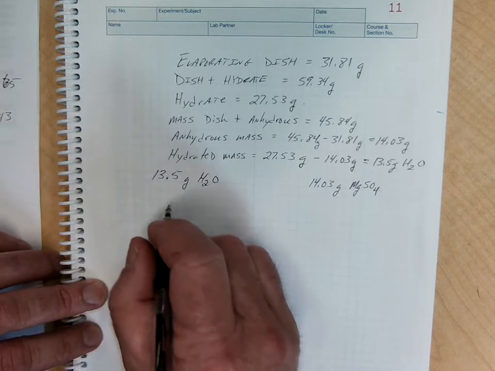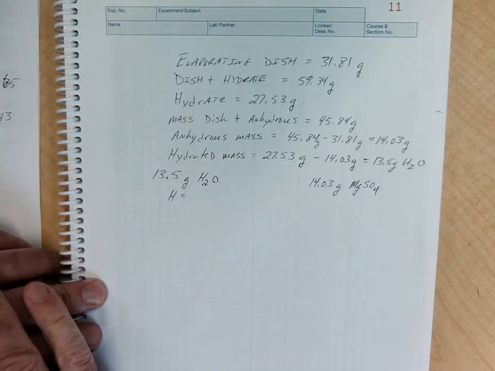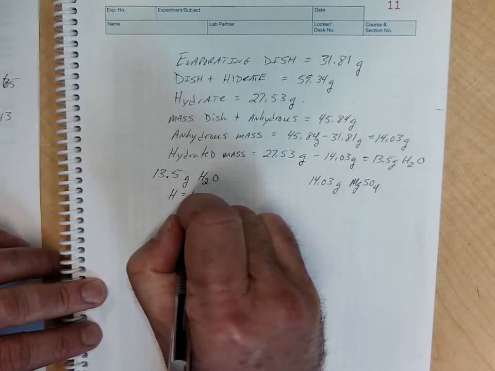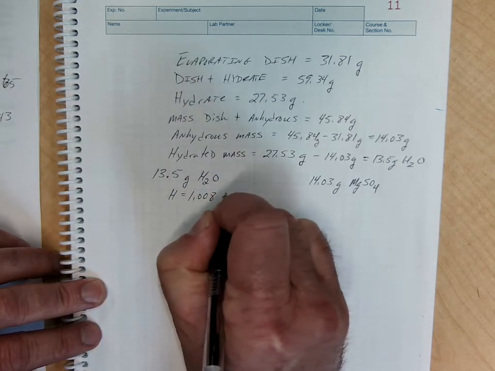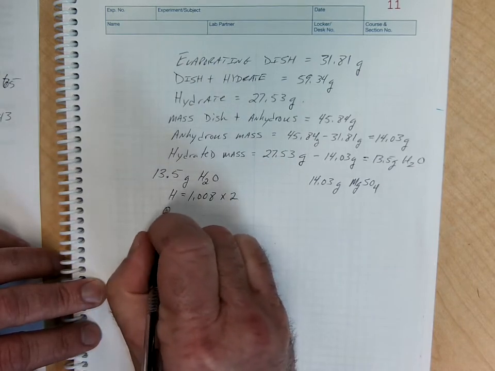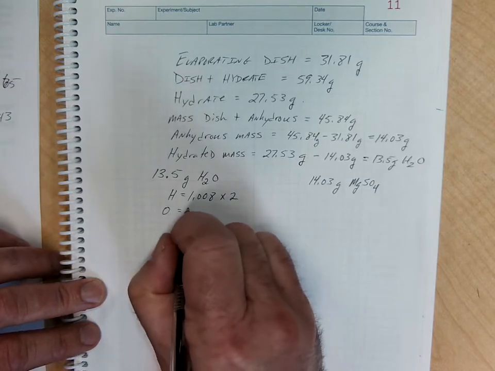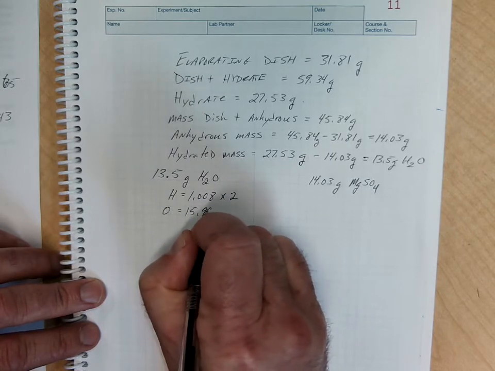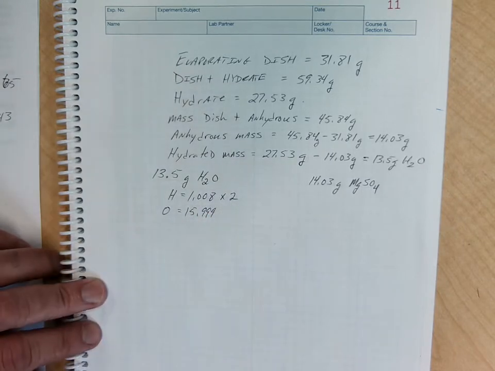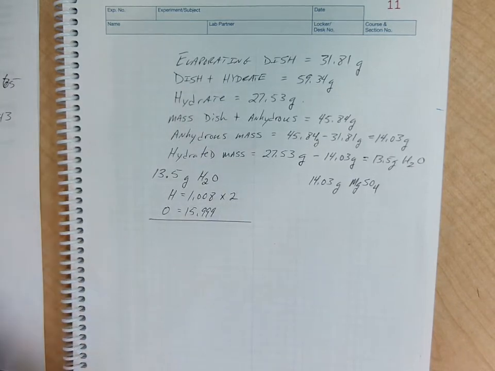You're going to have to take the formula and add up the mass numbers from your periodic table for each of those. So hydrogen is 1.008 grams per mole, and there are two hydrogens. And then oxygen is 15.999 grams per mole, and there's just one oxygen. And that gives you a mass of water.